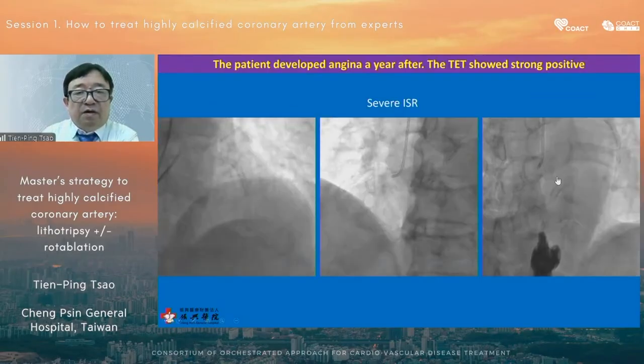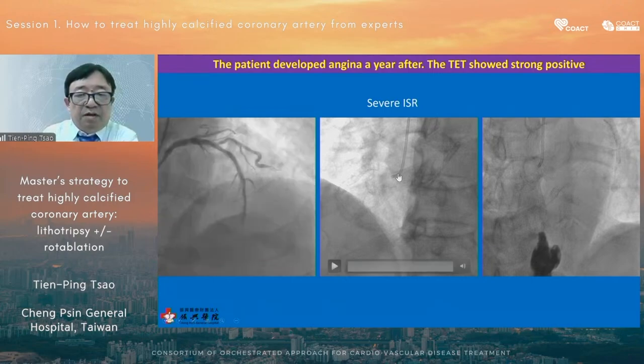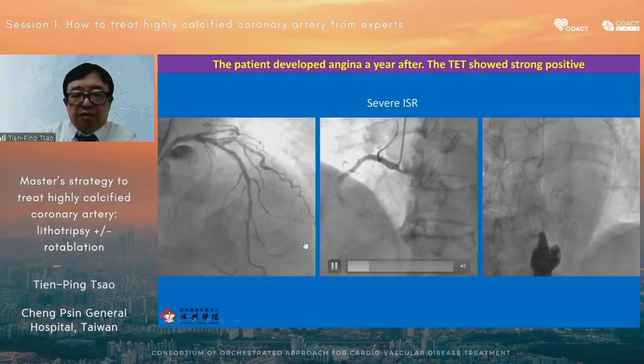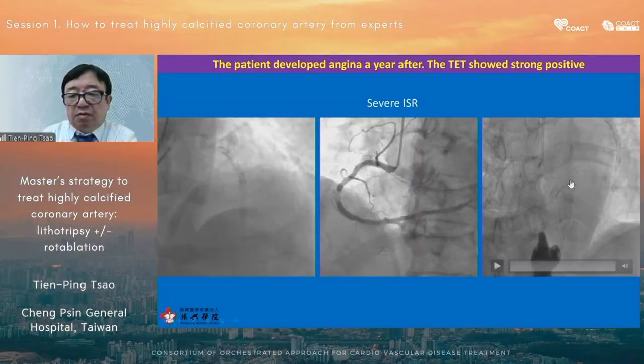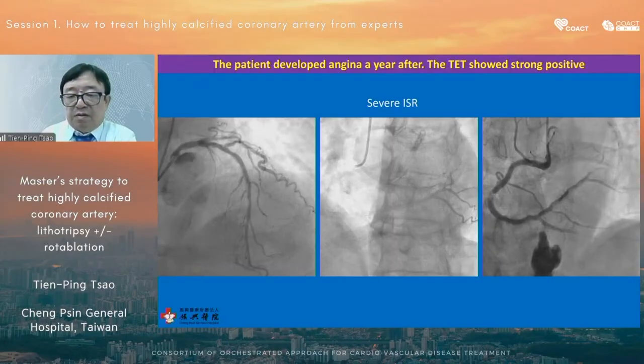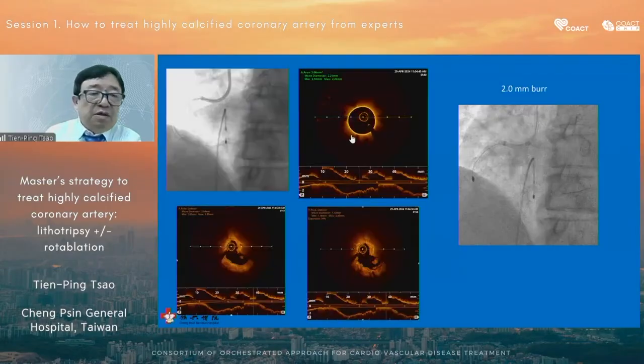However, the patient developed angina a year later. The TET showed strong positive, and we did angiography again. You can see there's a severe in-stent restenosis at the mid portion of the RCA, which was a calcified nodule. So this is quite severe stent ISR.